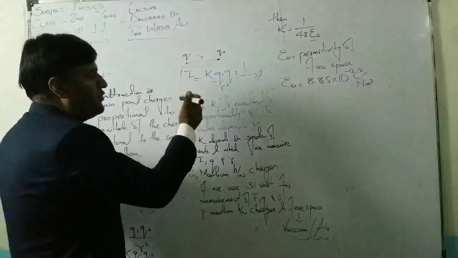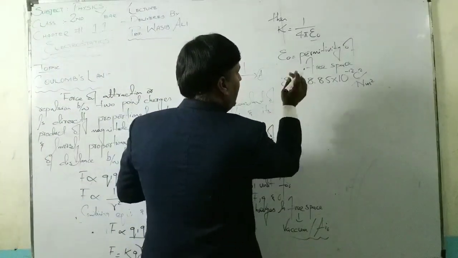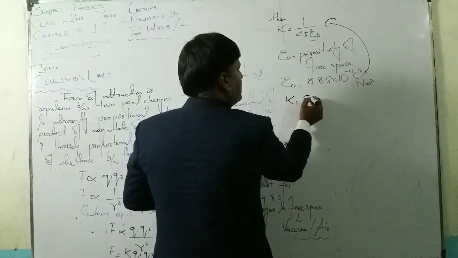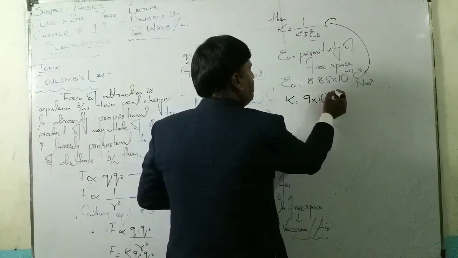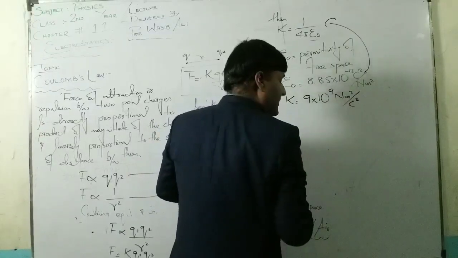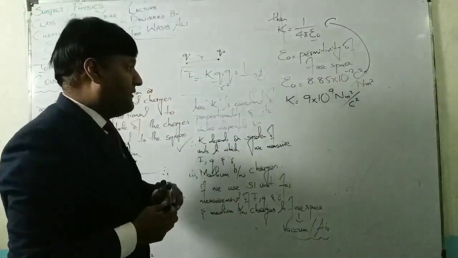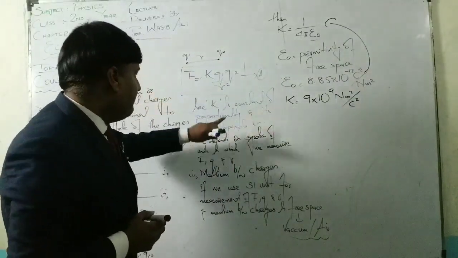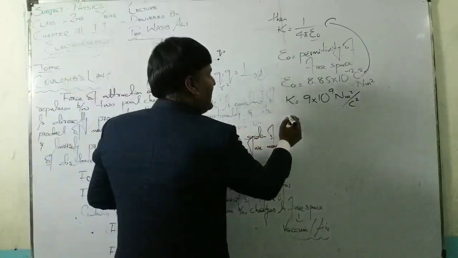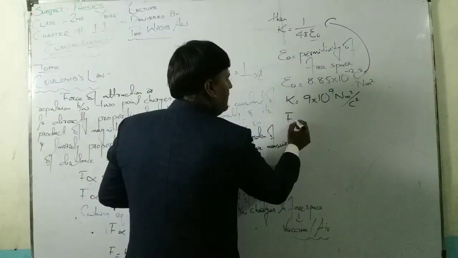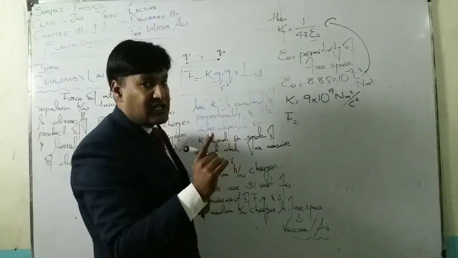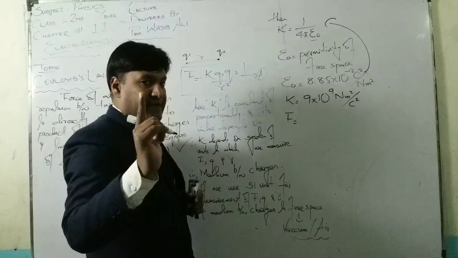If you use this epsilon naught in the above equation, you will get k equal to 9 into 10 raised to the power 9 Newton meter square per Coulomb square. So this is the value of k, the constant of proportionality, which we have used in equation A. So we can write equation A, the complete form of Coulomb's law, again when the medium between the charges is free space, that is vacuum or air.